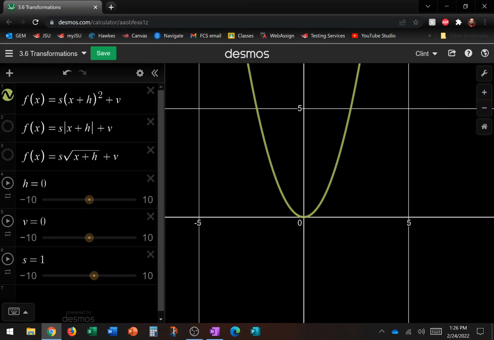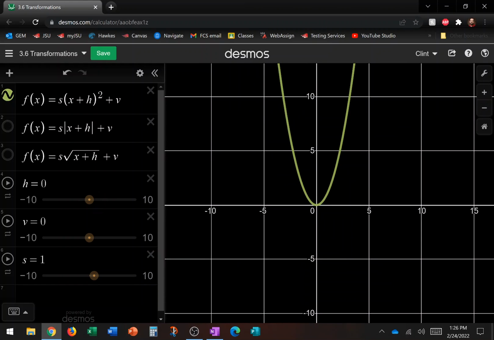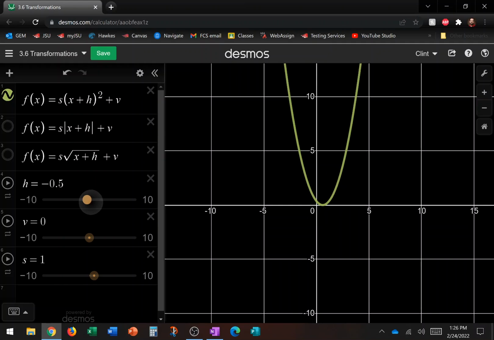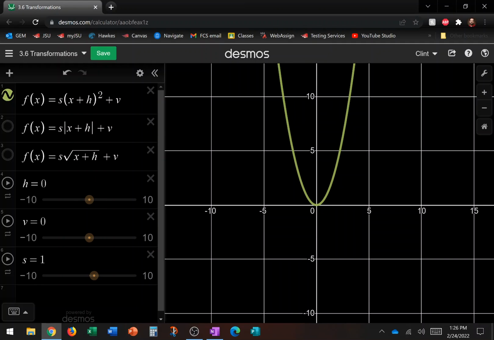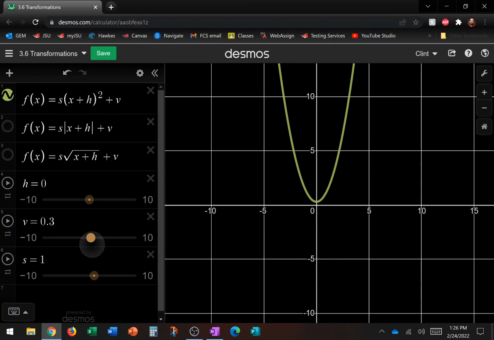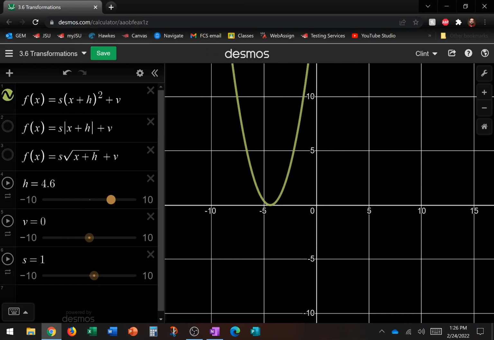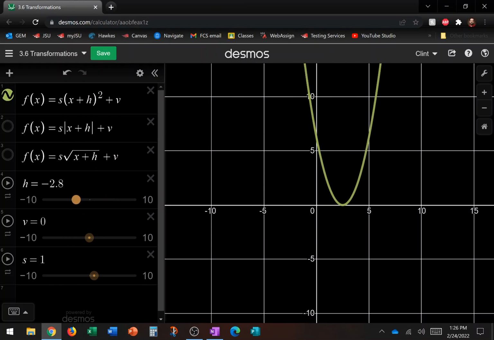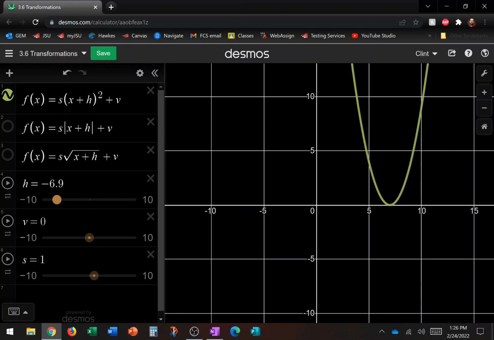The vertical, we just add some number or subtract some number from the whole thing. Horizontal, if we go to a positive number, we add a number, and that moves our graph to the left. If we go to a negative number, it moves our graph to the right.